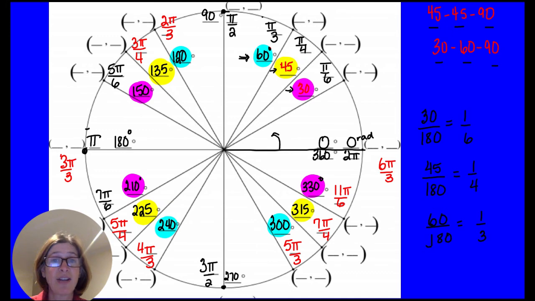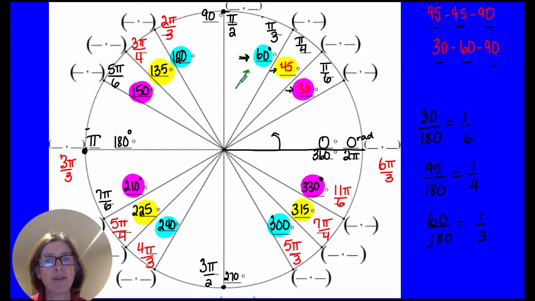Again, notice that all the blue dots have a pi over 3 angle in their measure. Think about it: 60 degrees times 2 is 120, and pi over 3 times 2 is 2 pi over 3. Pi over 3 times 3 is 180, so pi. And so on. That's why we always say we want to look back at our reference angles.